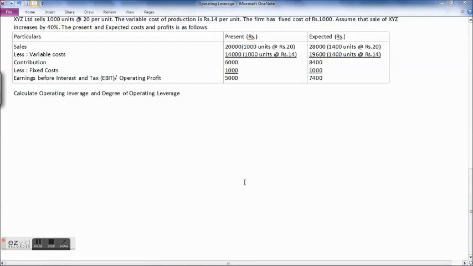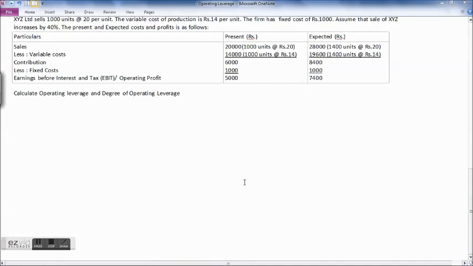Now what has been given is a statement showing the profits at the present level of sale and the expected level of sale. First, sales are 20,000, 1000 units at rupees 20 each. Then the sale is increased by 40%, so that is 1400 units at rupees 20 each, that is 28,000. Less variable cost, 1000 units at rupees 14 each, that is 14,000.